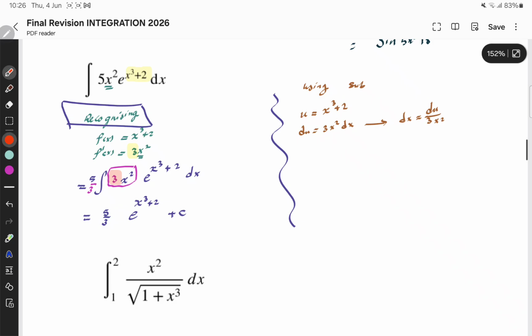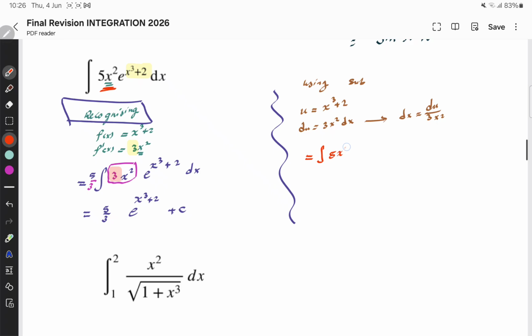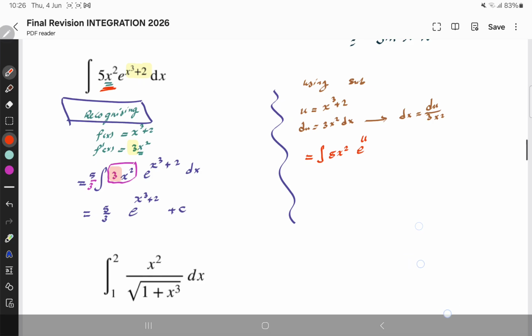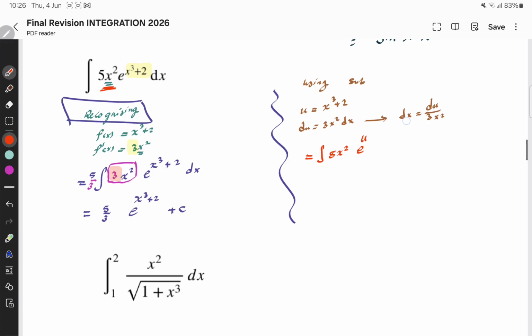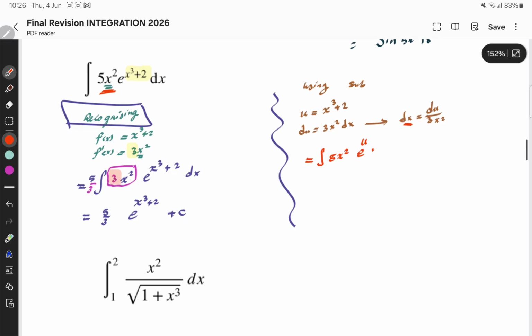Now substitute in the integration. It will be equal to the integral of 5x squared times e, where we substitute f of x by u, times dx, which is equal to du over 3x squared.